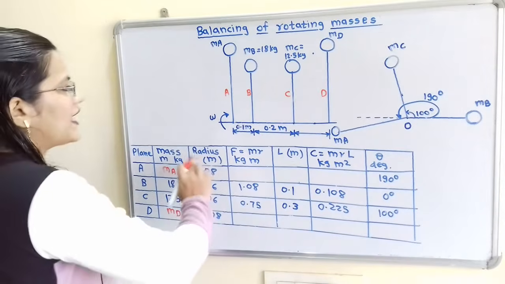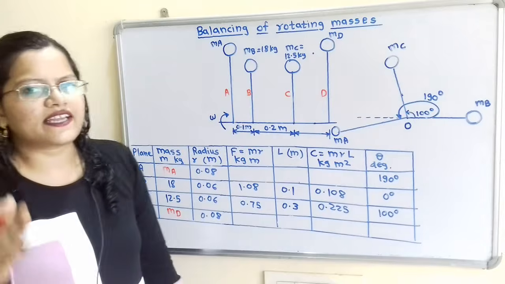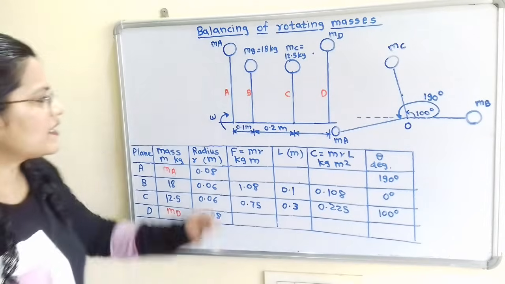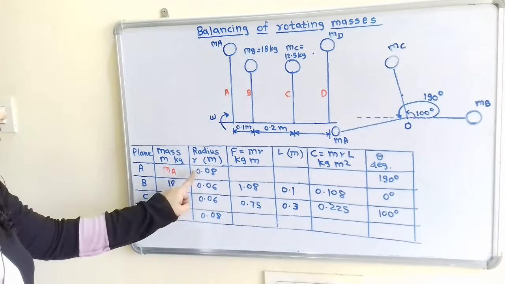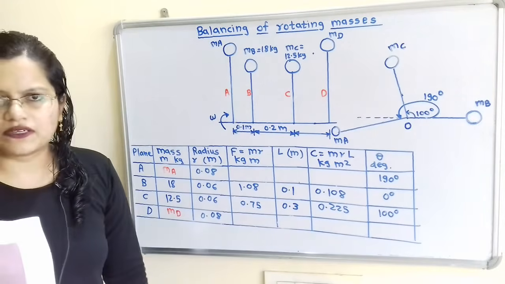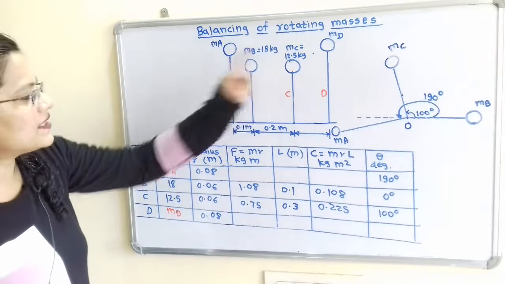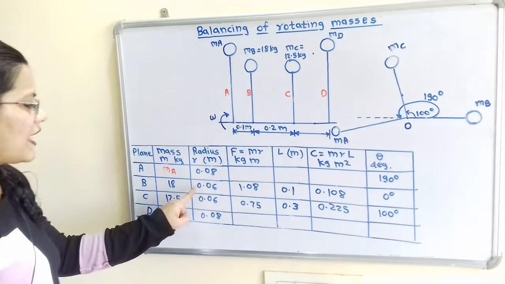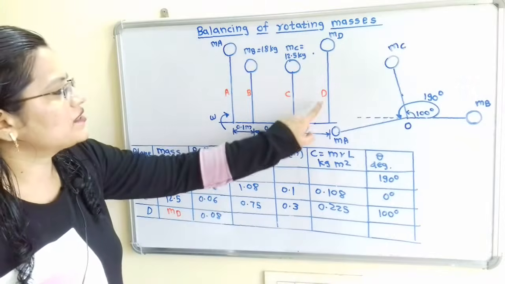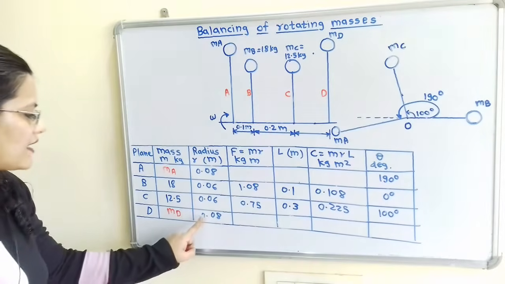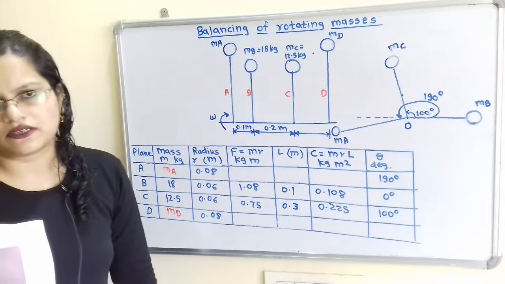Now next one, eccentricity, or we can say the radius of rotation. So the radius of rotation for this mass A, MA is given, and that is 0.08 meter. For the mass B and C is also mentioned in question, and that is 0.06 meter. And for the mass D is also mentioned in question, and that is 0.08 meter.